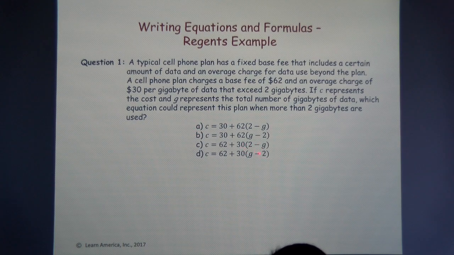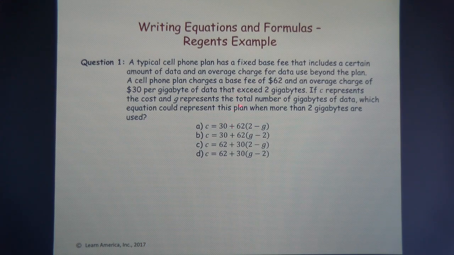Now in this case, is G greater than 2 or is it less than 2? G represents the total number of gigabytes of data that they've used, and that's above what they originally had purchased. So the G has to be greater than 2.